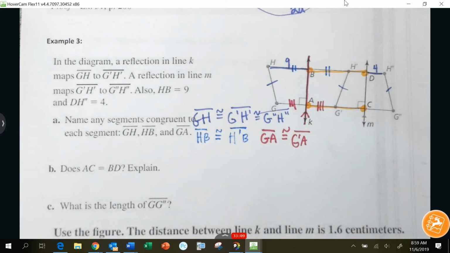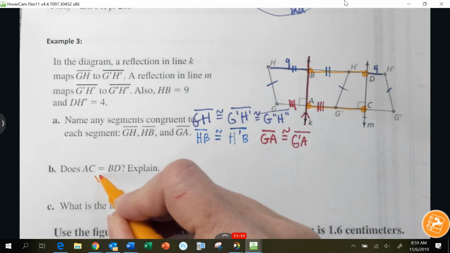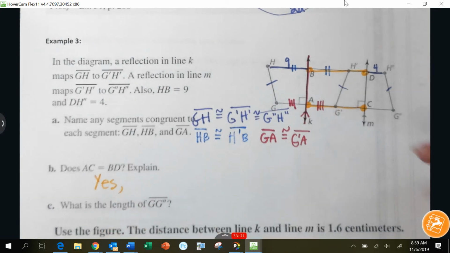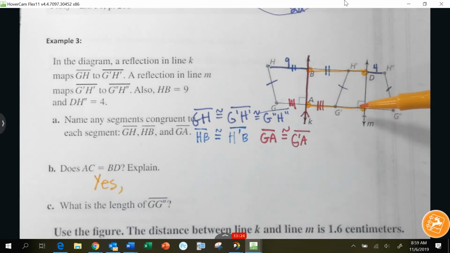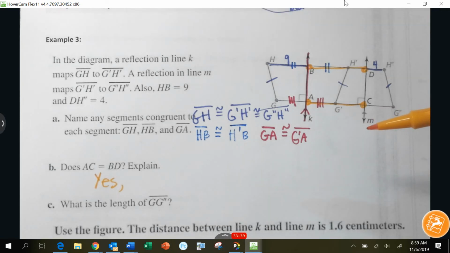Why? Okay. So you're saying because these are parallel and we've got perpendiculars. Okay, there's a different way I'm going to write down to explain it. Rakaya, do you know? The reason I'm looking for?